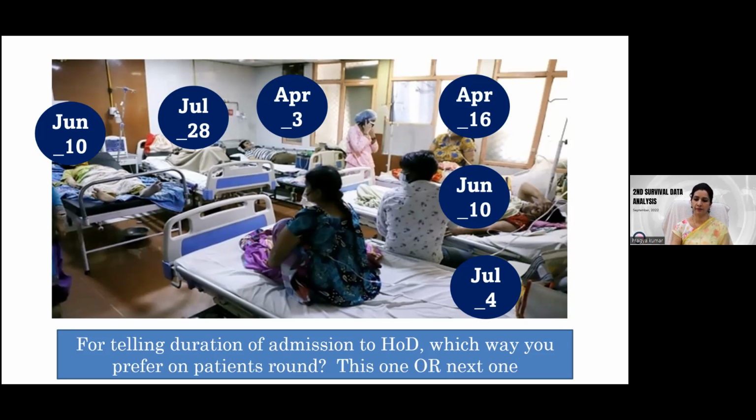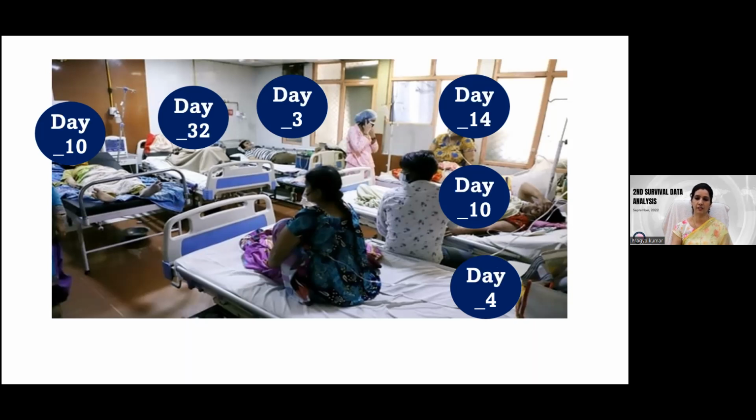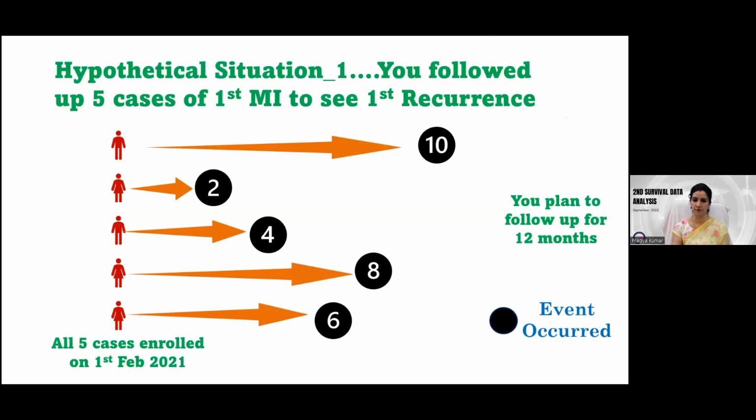So we prefer to tell it the next way. You say that this patient is admitted, this is the 10th day in the hospital, 32 days in the hospital, 14th day, 10th day, and so on. So you always tell the duration. Like today, when I am there. And if the patient has been admitted previously, this is what day of admission.